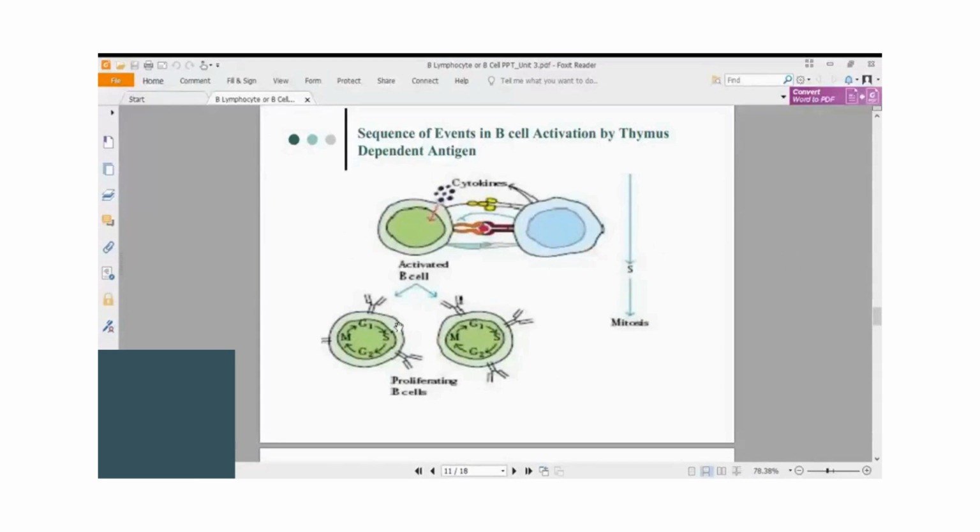So these 5 different classes of the constant region constitute the heavy chain. So heavy chain gene of each class should be recombined with the variable region gene, and that process will be taking place rapidly in the proliferating B cells, and that will be taking place because of the influence of IL-4. Okay, and at that process, each time it will be putting up one MIgM molecule.